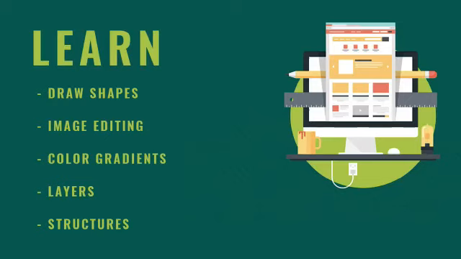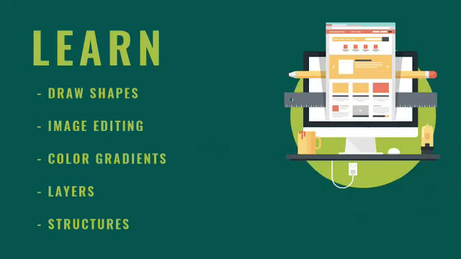Second, learn how to do image editing. It's very important in UI designs. You should know how to edit an image. Try to mask the image, try to create different effects on the image. The third thing is color gradients.